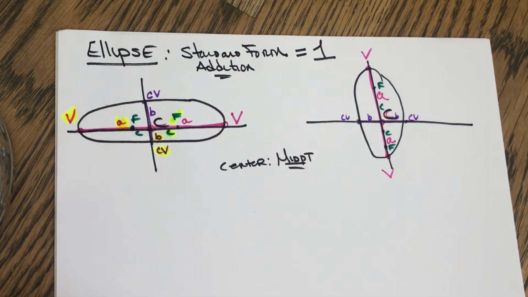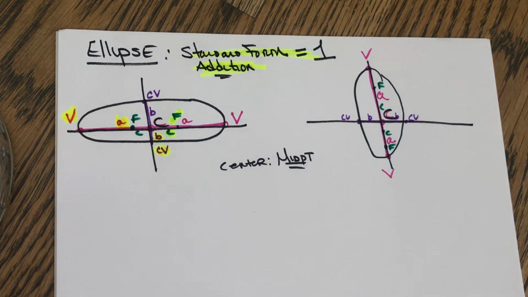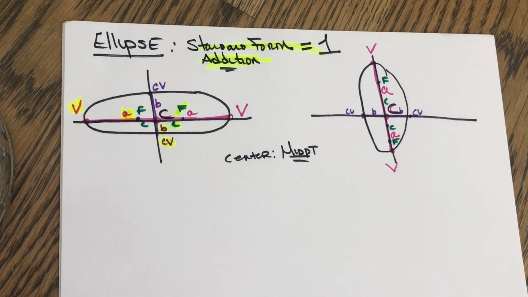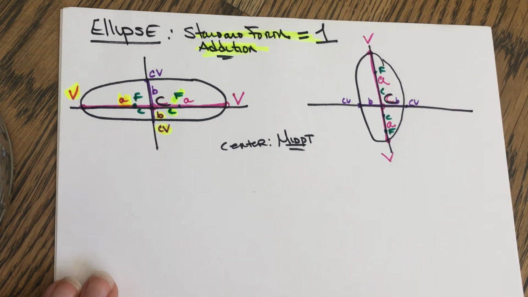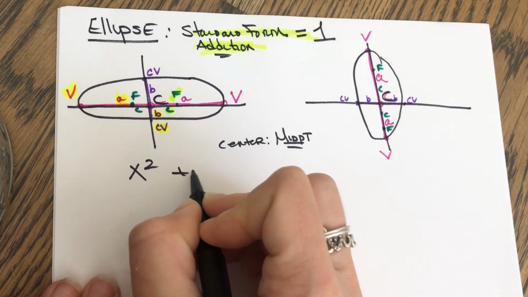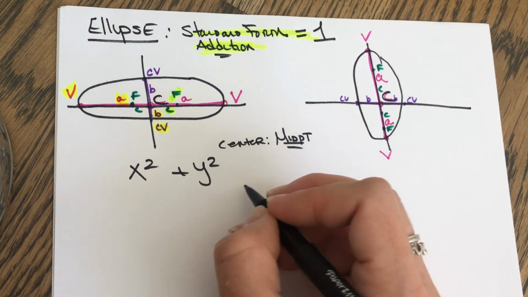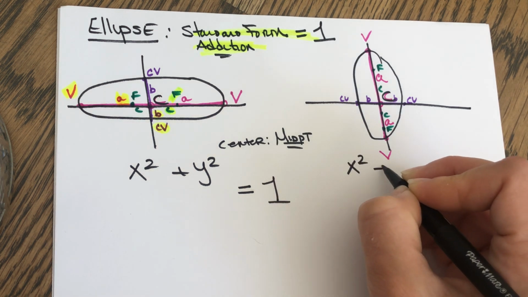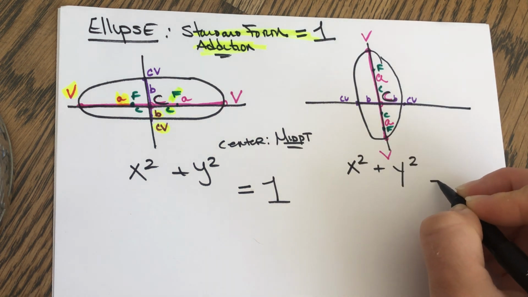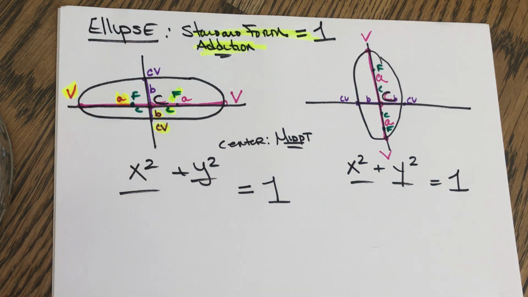So addition, and it always equals 1. That's what I was getting confused with, sorry, your other one, your circle. Now, the thing that never changes for your ellipse is x squared plus y squared equals 1 every single time.